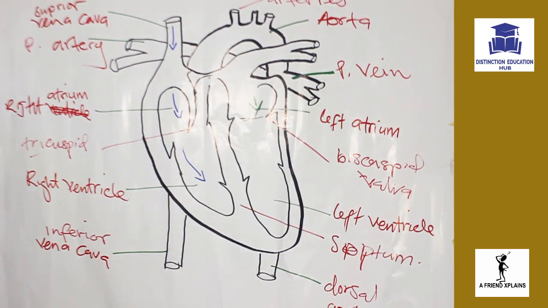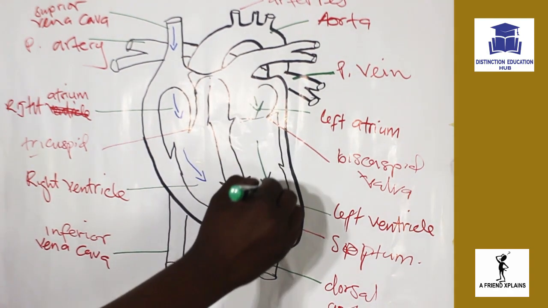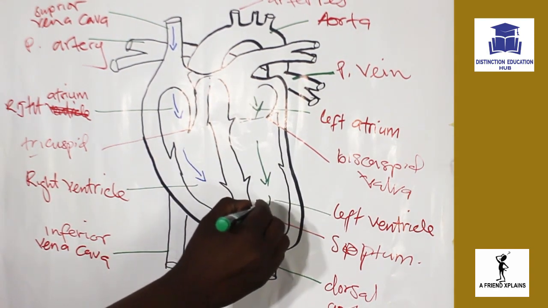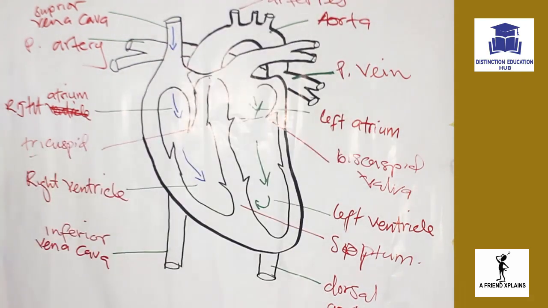Then what happens is that once the left atrium receives oxygenated blood from the lungs, it will push this blood into the left ventricle through contraction again. All right, so this blood goes like this. There's a passage here, and I haven't drawn a full internal structure.